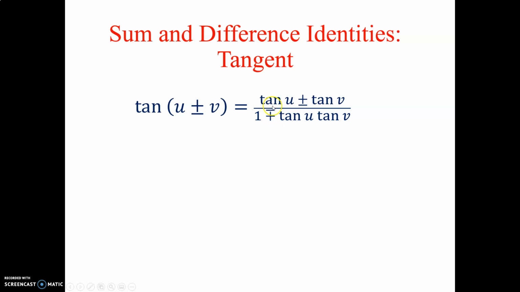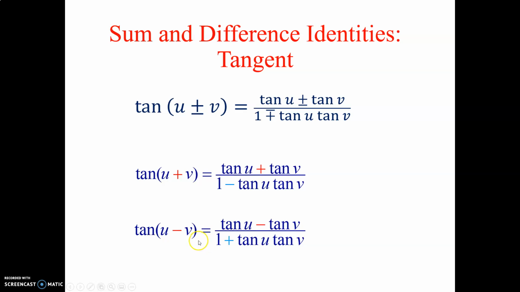So we've seen this already. Tan u, tan v. So just like the sine and cosine, this is two separate identities in one. The first one with the sum is going to be tan of u plus v is equal to tan u plus tan v all over 1 minus tan u times tan v.